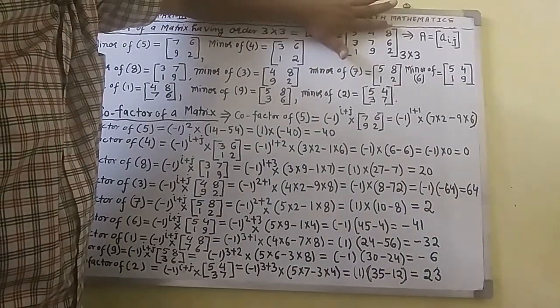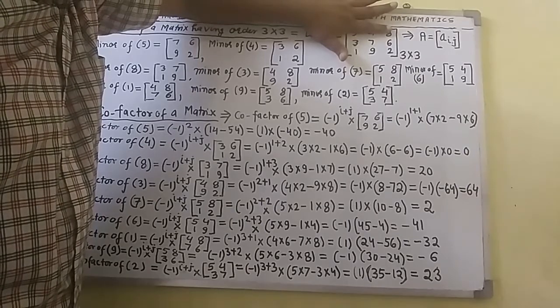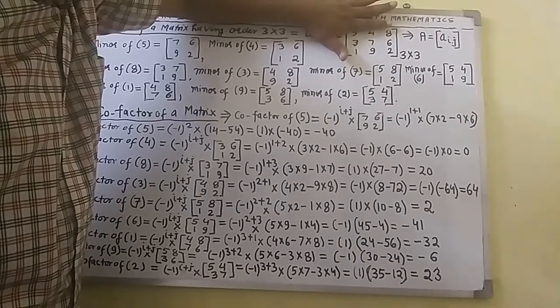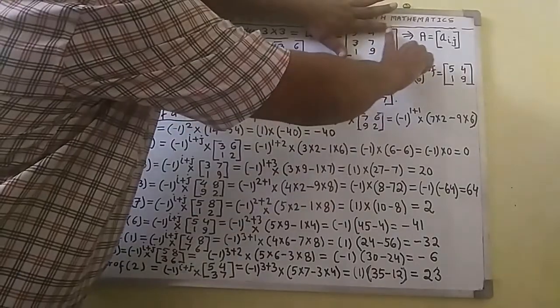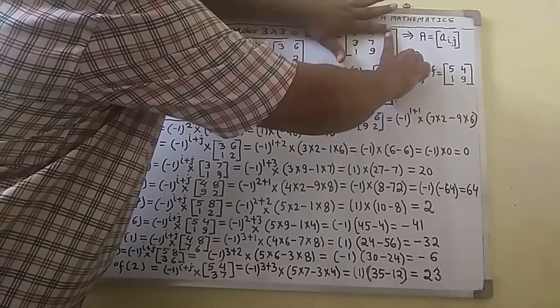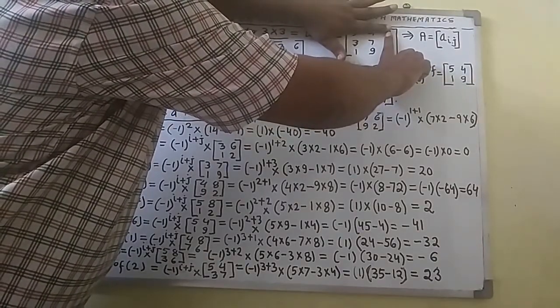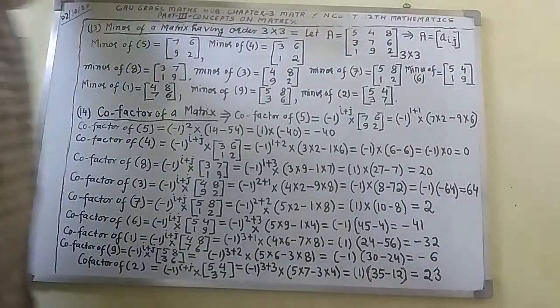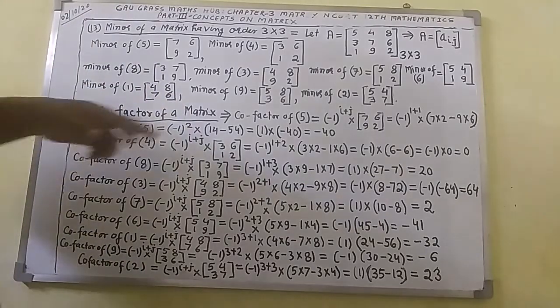The first row will be hidden. And 8 is in the third column. The third column will be hidden. The visible elements are 3, 7, 1, 9. The minor of element 8 will be 3, 7, 1, 9.